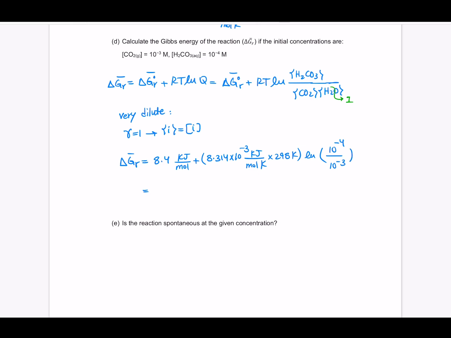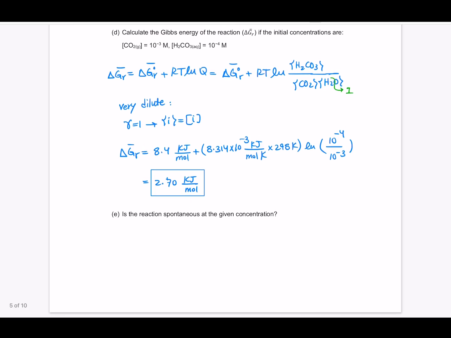And then this would give us 2.7 kilojoule per mole. So the Gibbs free energy of the reaction for this given condition deviated from the standard value of 8.4.